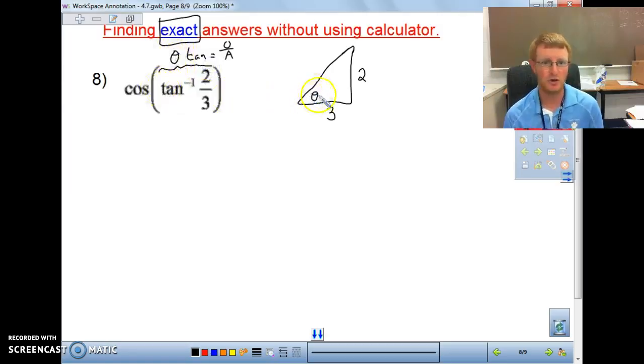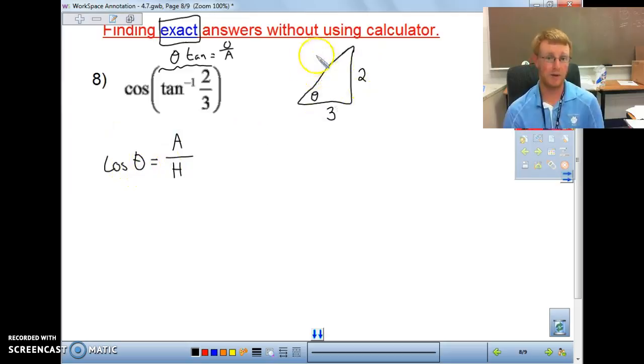I don't really need to know what theta is to solve for this once I know what my hypotenuse is. Because think about it, we have cosine of theta equals adjacent over hypotenuse. I don't need to know the value of theta, I just need to know my hypotenuse. So we go 2 squared plus 3 squared equals hypotenuse squared.